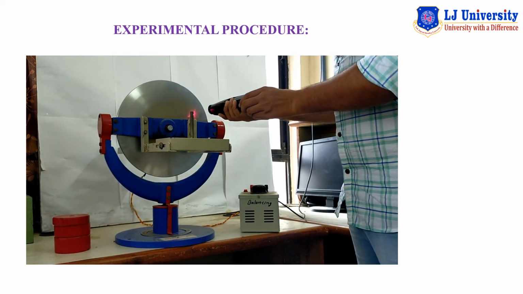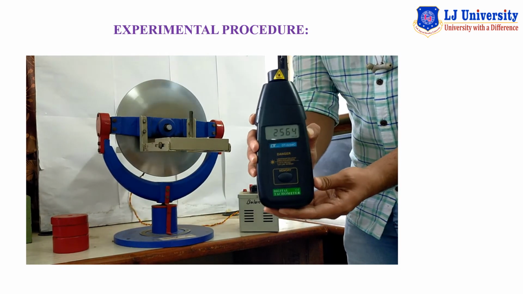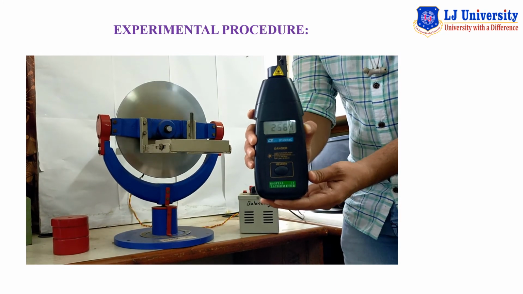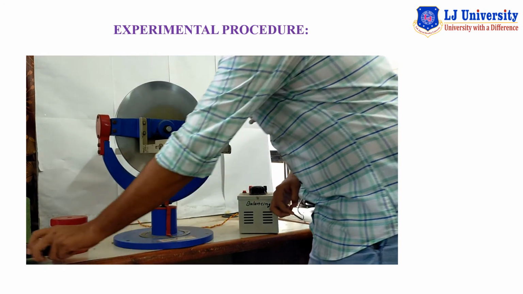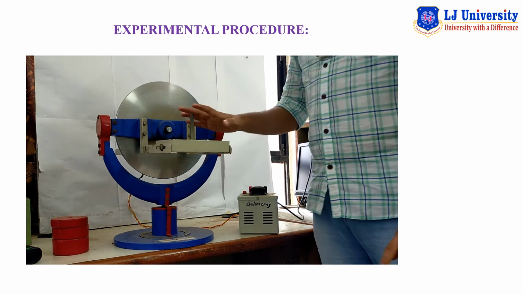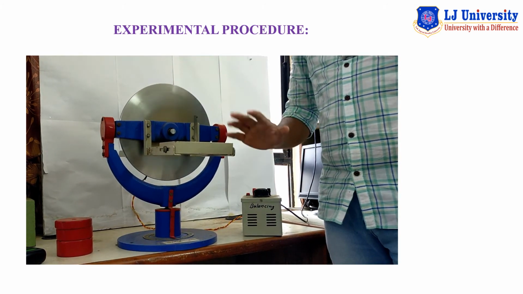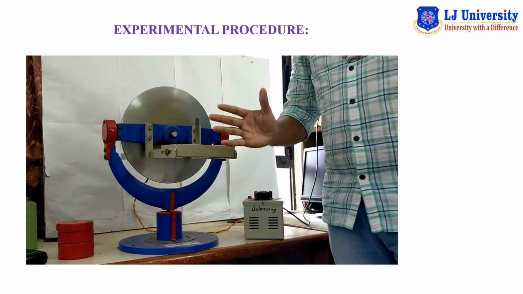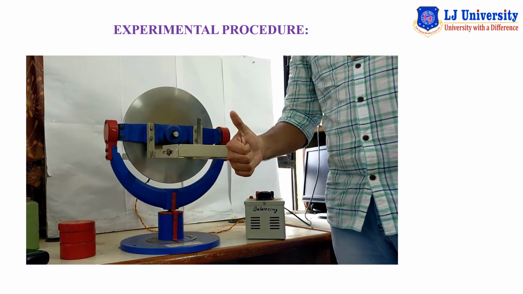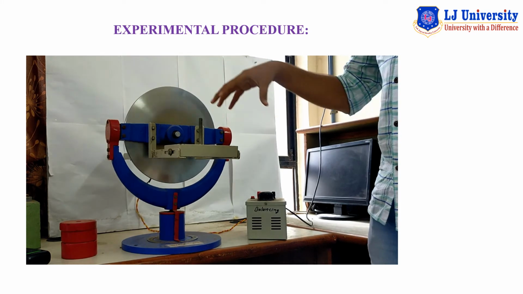The reading is 2564 RPM. So now the gyroscope has come to a steady condition. Now we have to apply load. We can apply a load of either 1 kg, 1.5 kg or 2 kg.